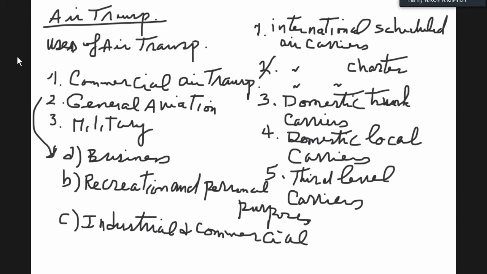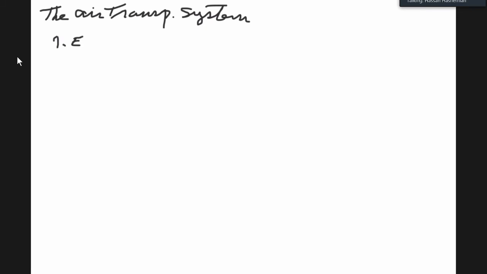All right. Now, the next thing we want to talk about is the air transportation system. On the air transportation system, the first is en route airspace.